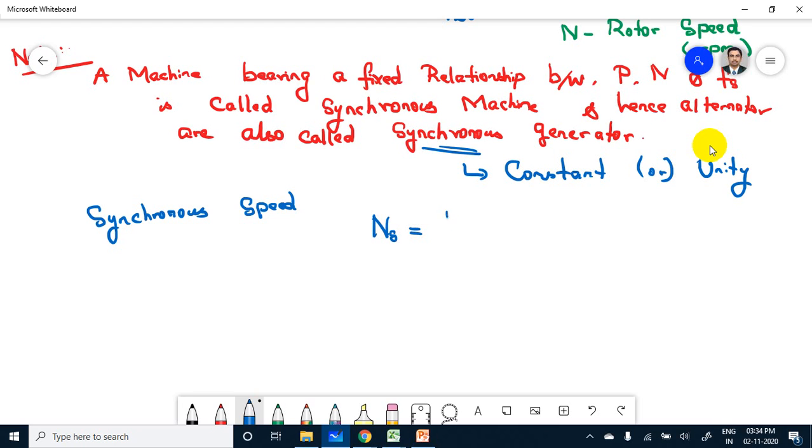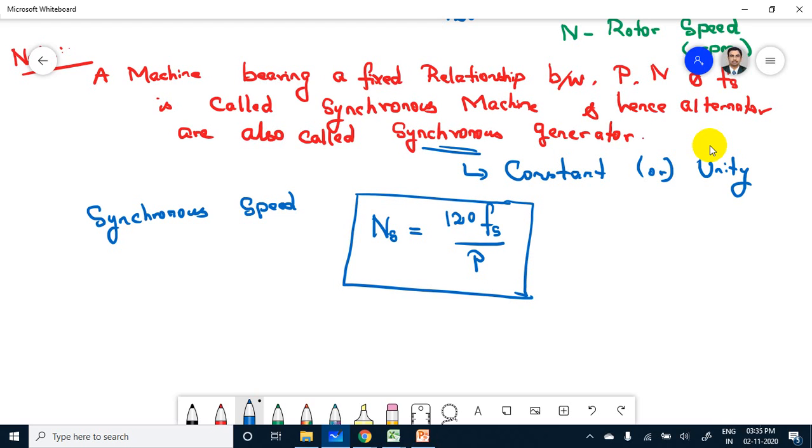Ns is equal to 120 Fs by P, where Fs is the supply frequency, 50 hertz.